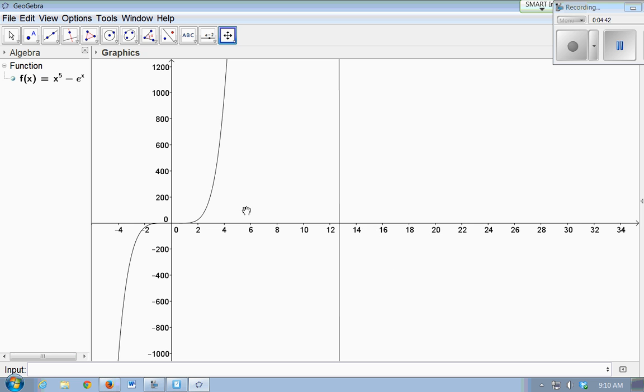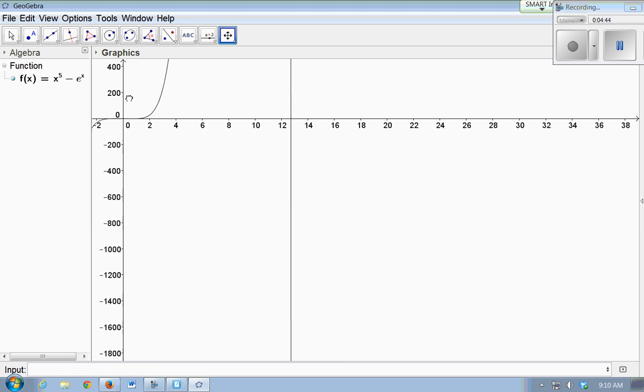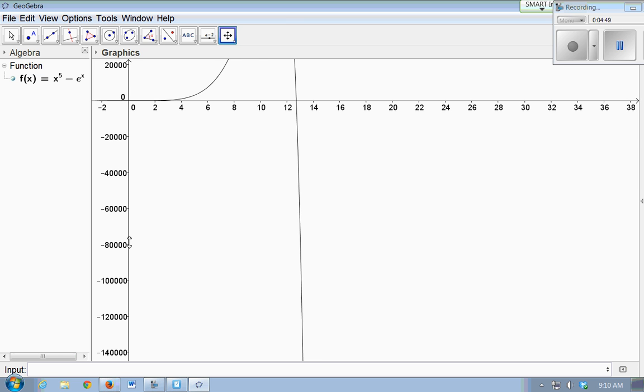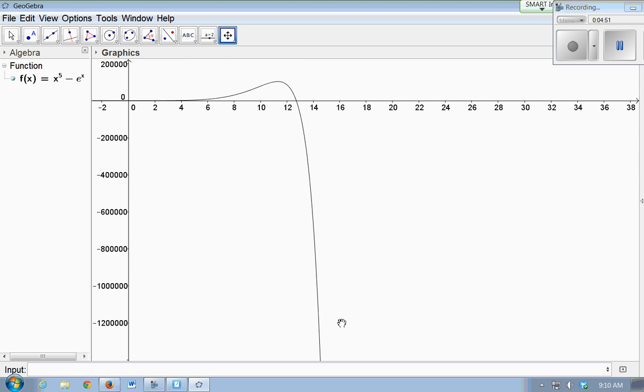So it looks like I don't even have to go that far in the x direction. And I can see that this thing is going down to negative infinity. So as x goes far to the right, as my x's get bigger, the y values of this function are getting really, really small, going down towards negative infinity.